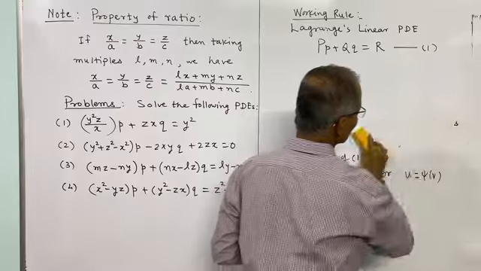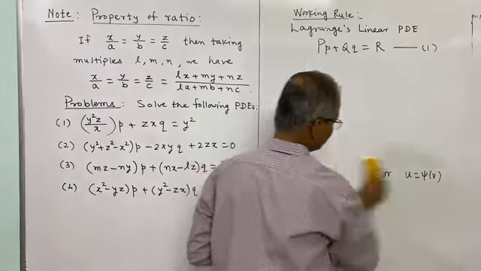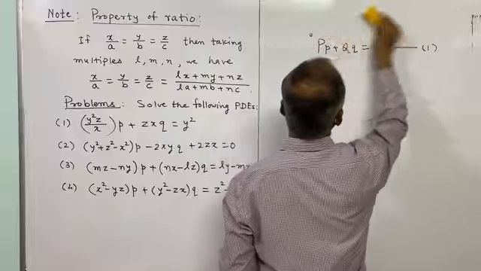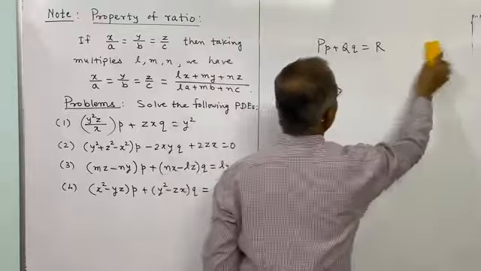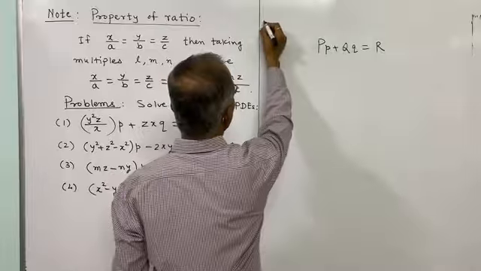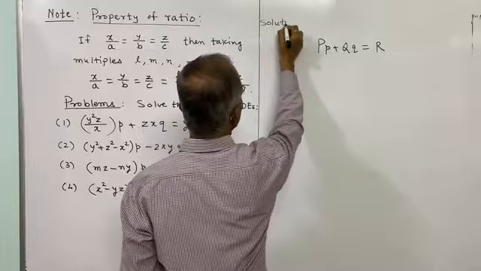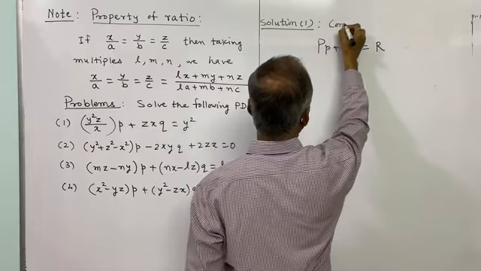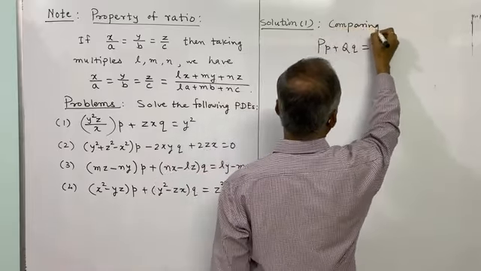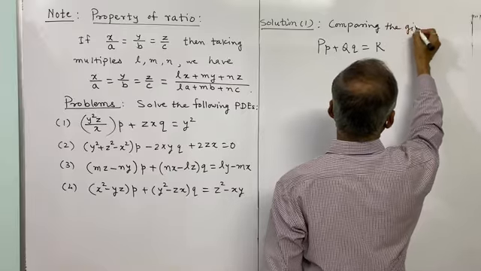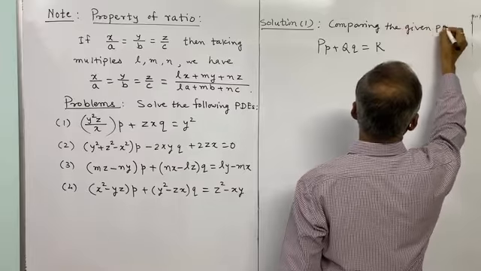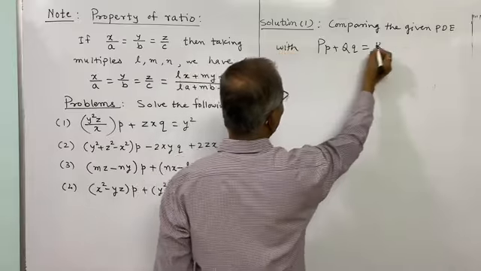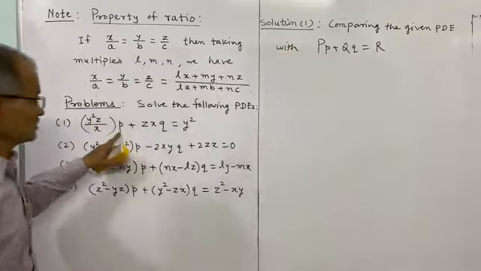So we will consider the solution of the first. Then we have to write the auxiliary equation. Solution for first: comparing the given PDE with this Lagrange's equation, it is of this type.